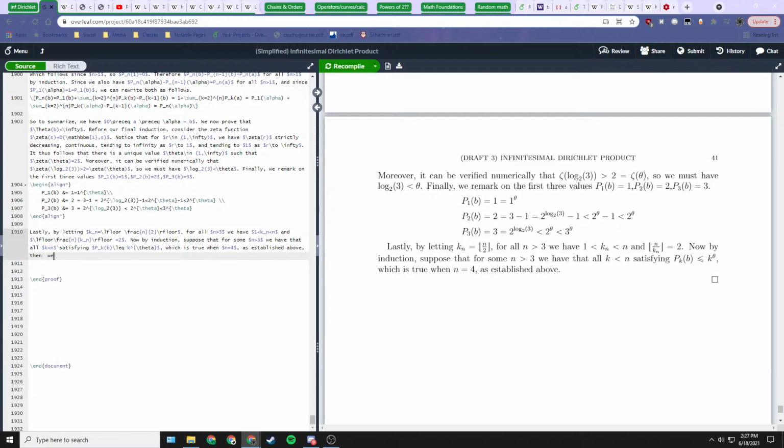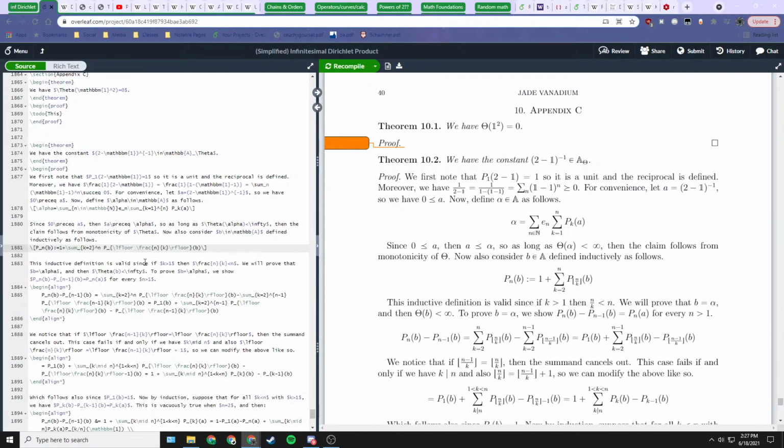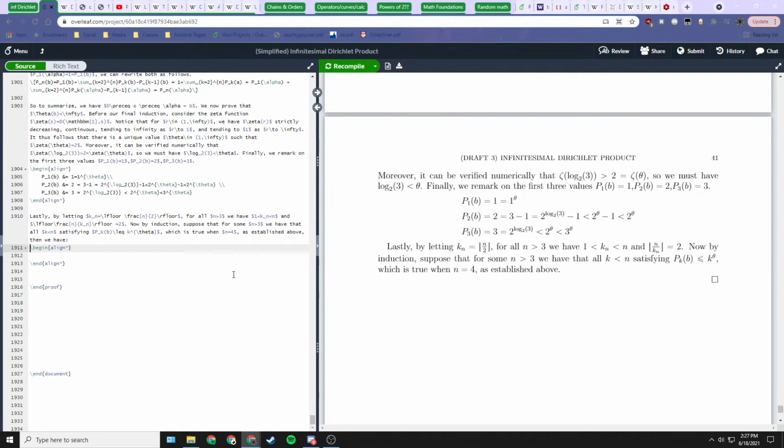Then we have, so now we just take this inductive definition of B, and this is why we wanted to set up B this way, because this is very important. We end up with this, so P sub n of B is the summation. The reason we need this K sub n is so that we can get rid of this plus 1.